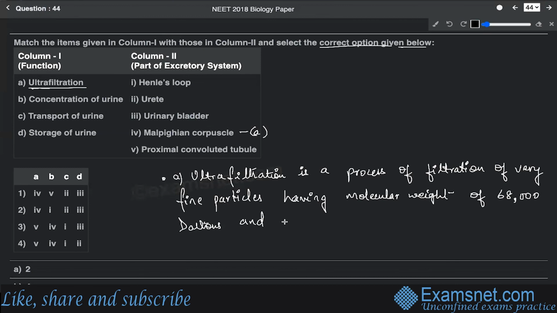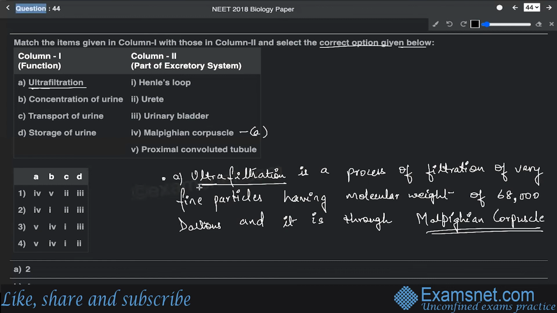And it is through the Malpighian corpuscle. Remember, Malpighian corpuscle. Ultrafiltration.